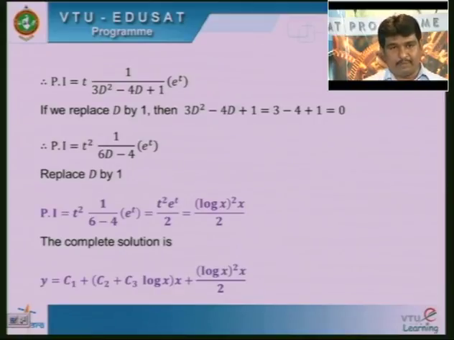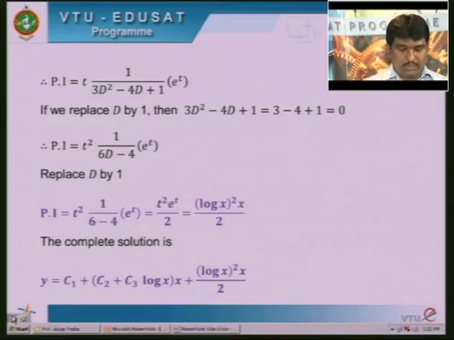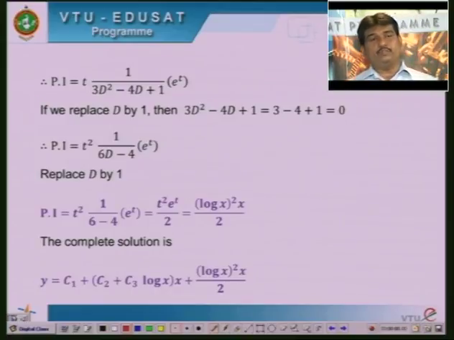Multiply by t, t is the independent variable here. Differentiate the denominator, which gives 3D square minus 4D plus 1 operated on e to the power of t. This is f dash of D.